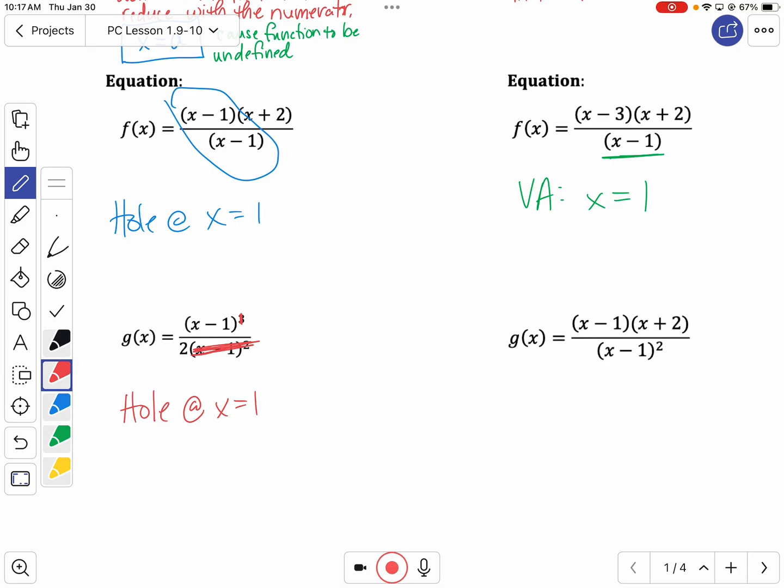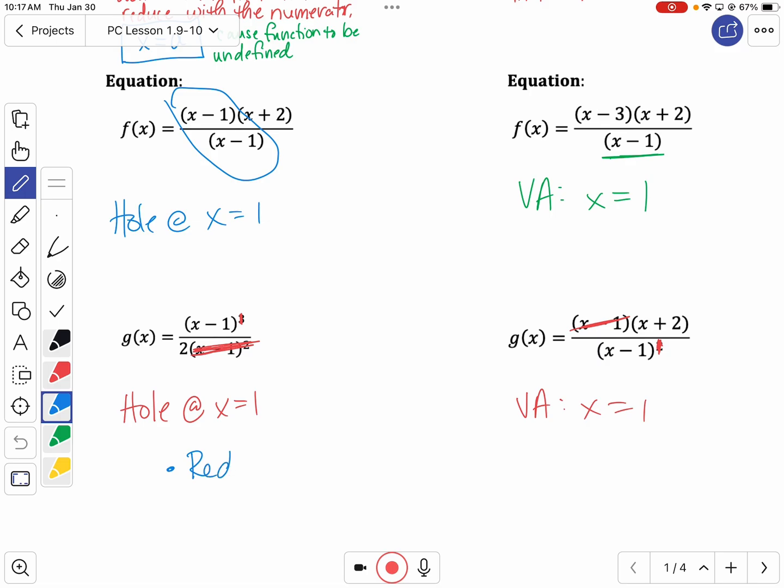If we look at the second one, I have x minus 1 over x minus 1 squared. What's going to happen when I reduce those? I get x minus 1 left in the denominator. And so if it's left in the denominator, it's a vertical asymptote. So you might make a note to yourself there, all right?